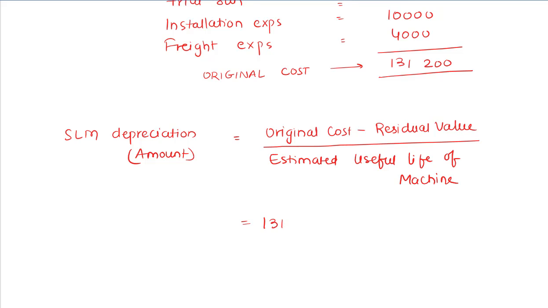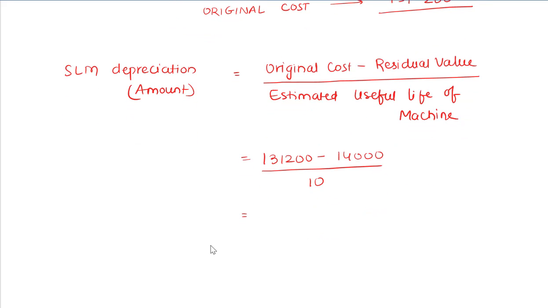Over here the original cost is 1,31,200, residual value is 14,000 and estimated useful life is 10 years. So 1,31,200 minus 14,000 divided by 10.